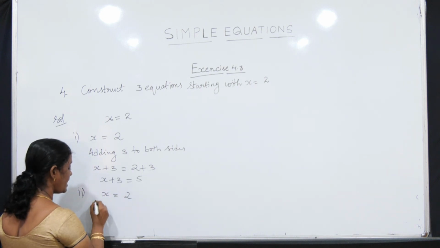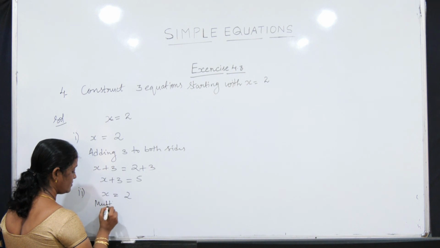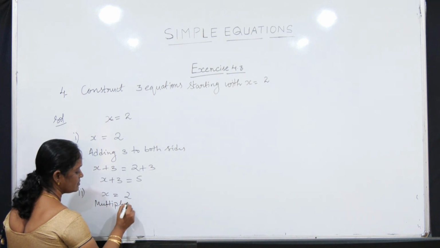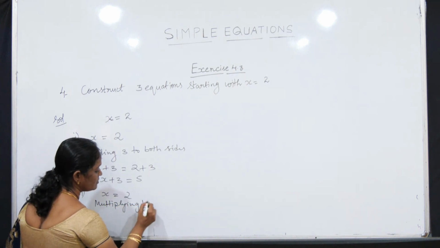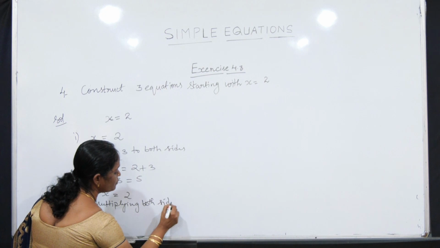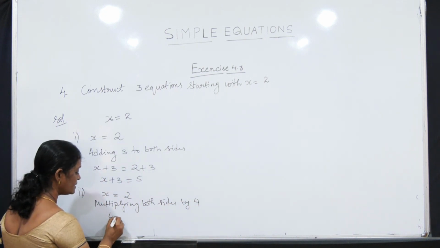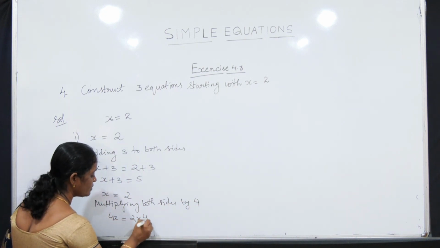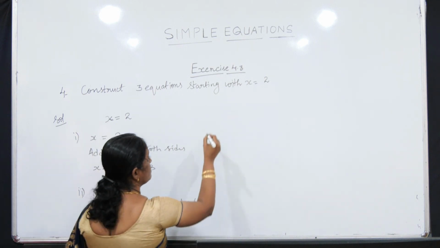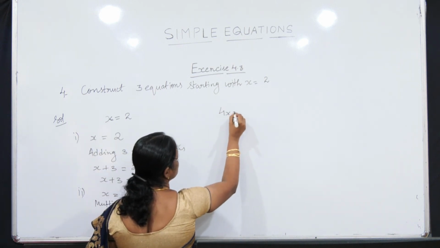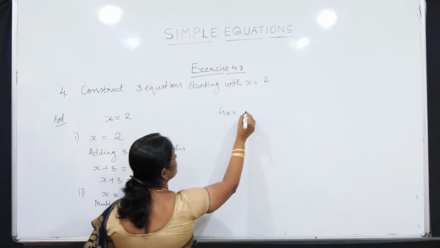Now here multiplying both sides by 4. 4x is equal to 2 into 4. That is 4x is equal to 8.